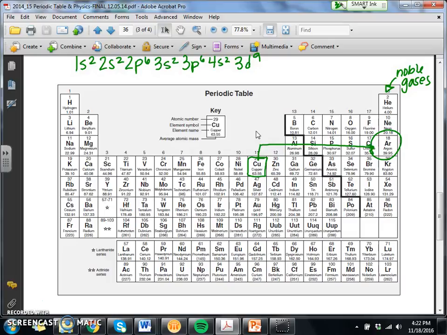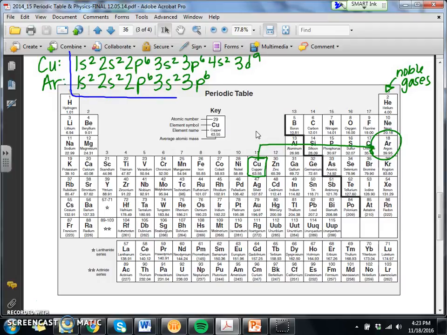Argon has an electron configuration, and let's just go ahead and label this. This is copper. Argon has an electron configuration of 1s2, 2s2, 2p6, 3s2, 3p6. And we stop there. Now, if you'll notice, argon and copper have something very, very similar about them.